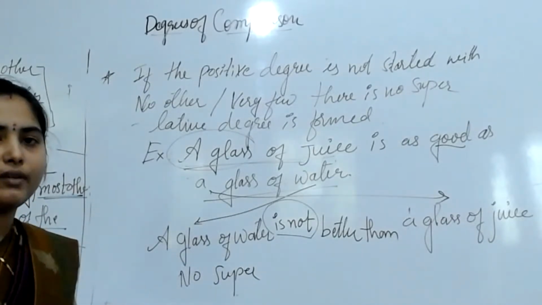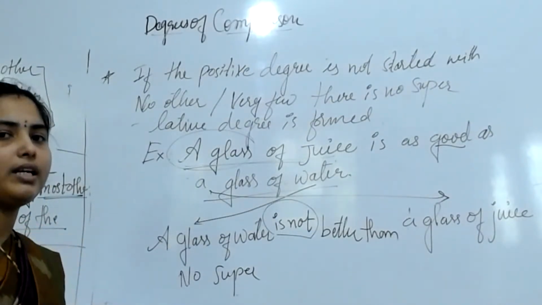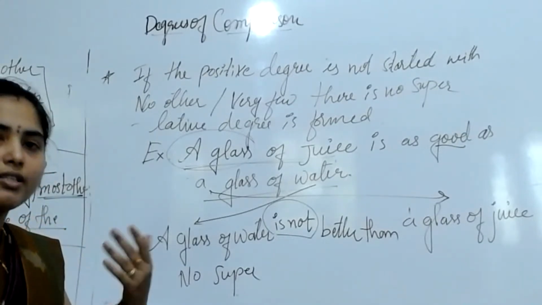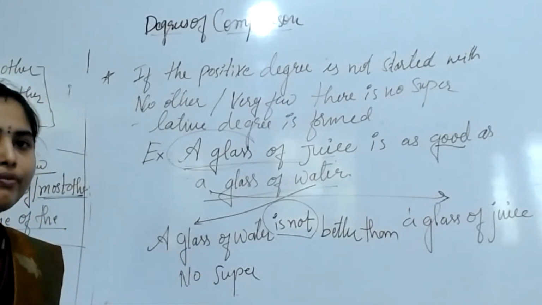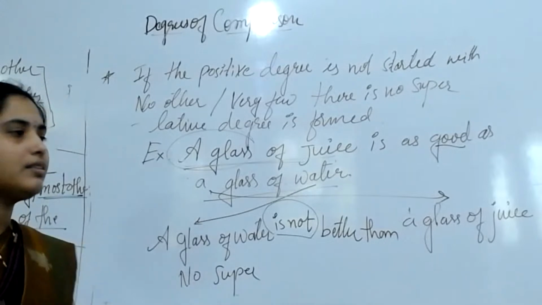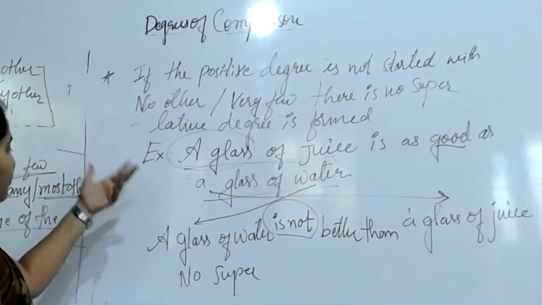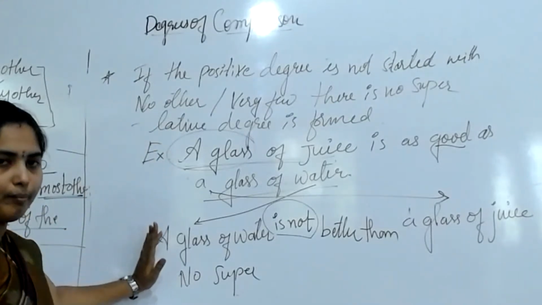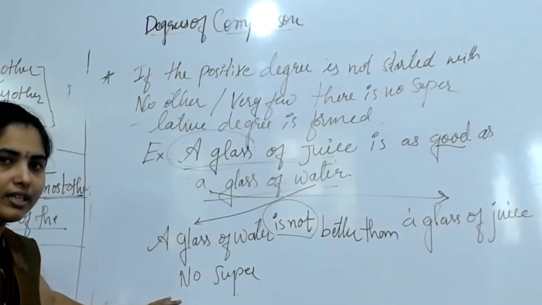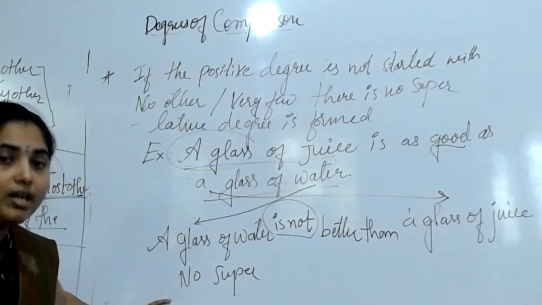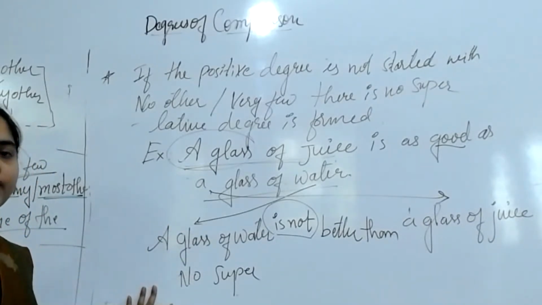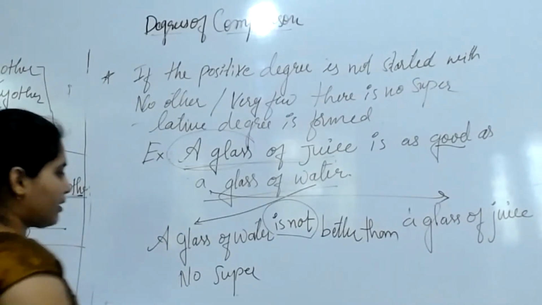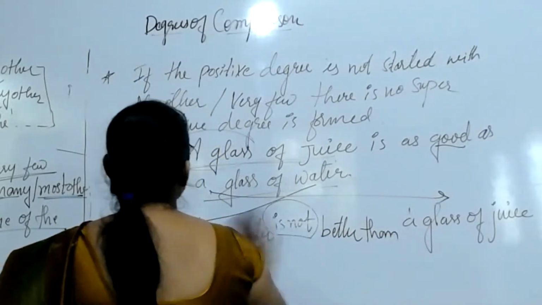If it starts with very few or no other, then only we can transform it into the superlative degree. If there is no very few, no none other or no other or whatever it may be, there is no superlative degree. Just change it into comparative degree, and for the superlative degree, you have to write that there is none, if there are two individuals. Okay, so now let us go to another example.